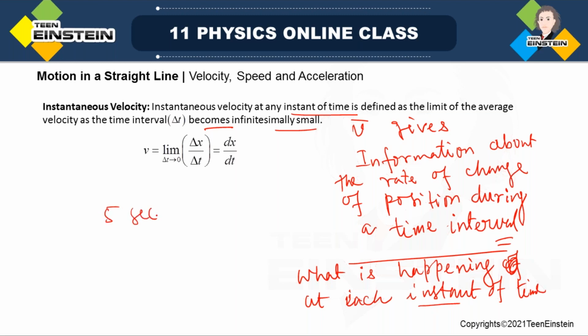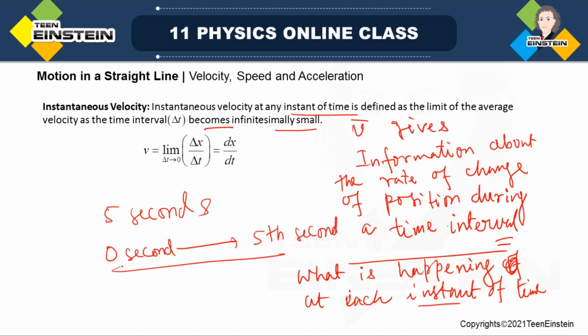See, when I say 5 seconds, that means I am talking about the motion of the object, or the rate of change of position of the object, from 0 second to the 5th second. So this is an interval.